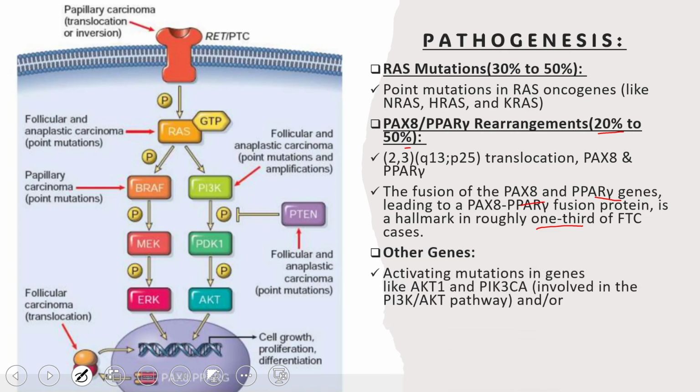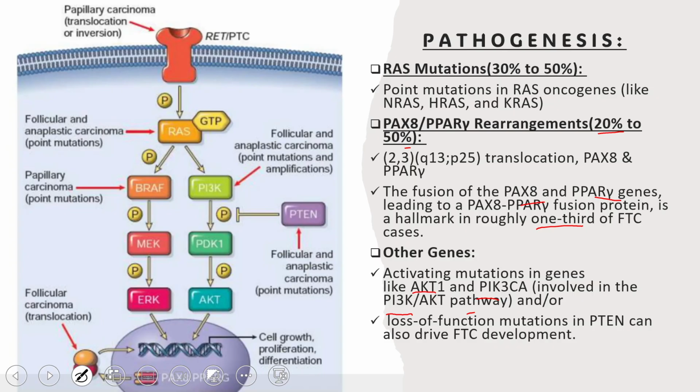Another gene could be an activating mutation in AKT1 or phosphatidylinositol 3 kinase, which are involved in the PI3K AKT pathway, a very crucial pathway for growth, differentiation as well as proliferation of the cells.